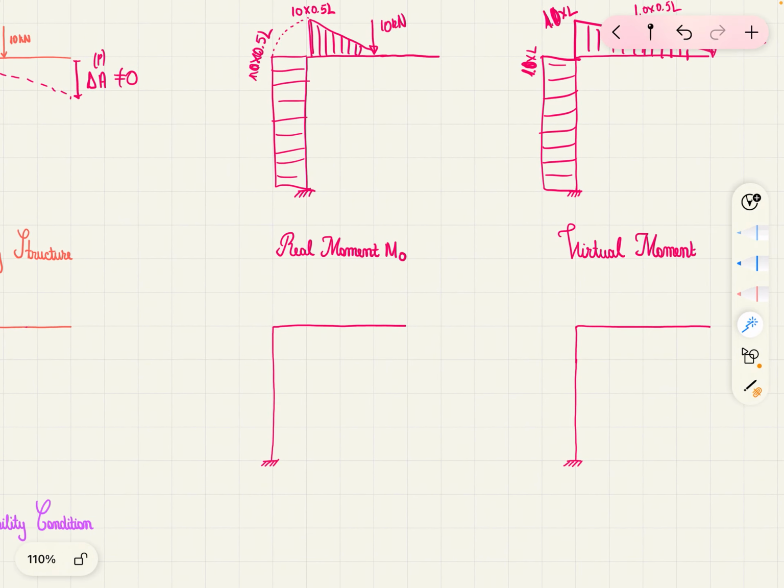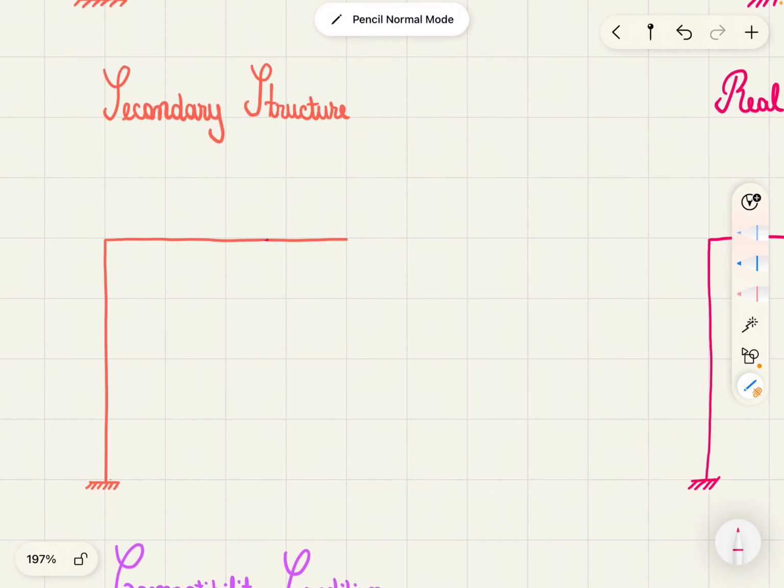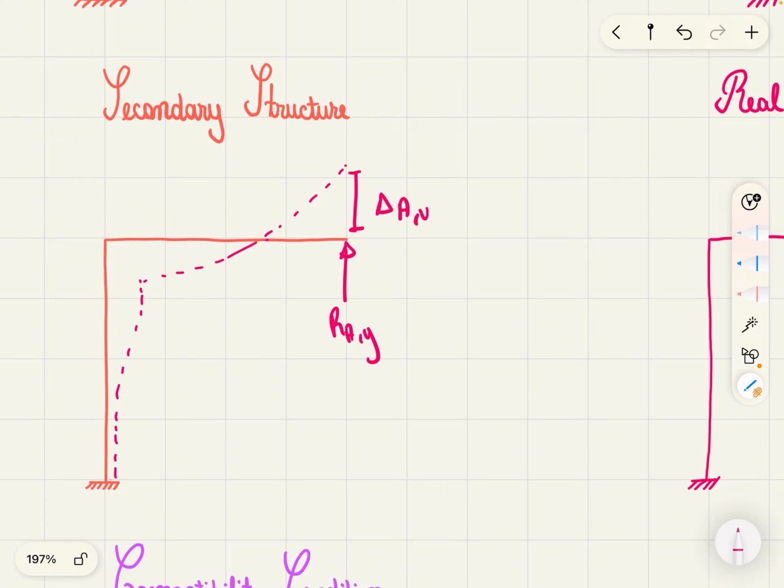Okay, now let's draw the secondary structure. So we apply a reaction force at A in the y direction, and our deflected shape is going to look like this. And here we have displacement at A in the y direction due to the reaction force that is not equal to 0.